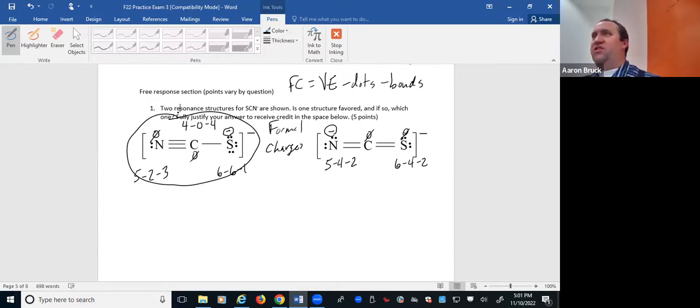Having a -1 charge is not far off from that, whereas nitrogen's -3 is a little bit further away from the -1. So there are some directions that we can go with this. But if we're looking at what is the expected answer, this structure on the left is the one that we would expect. And if we actually went through and did the analysis to look at the structure and look at bond length and bond strength, we would find a triple bond there.